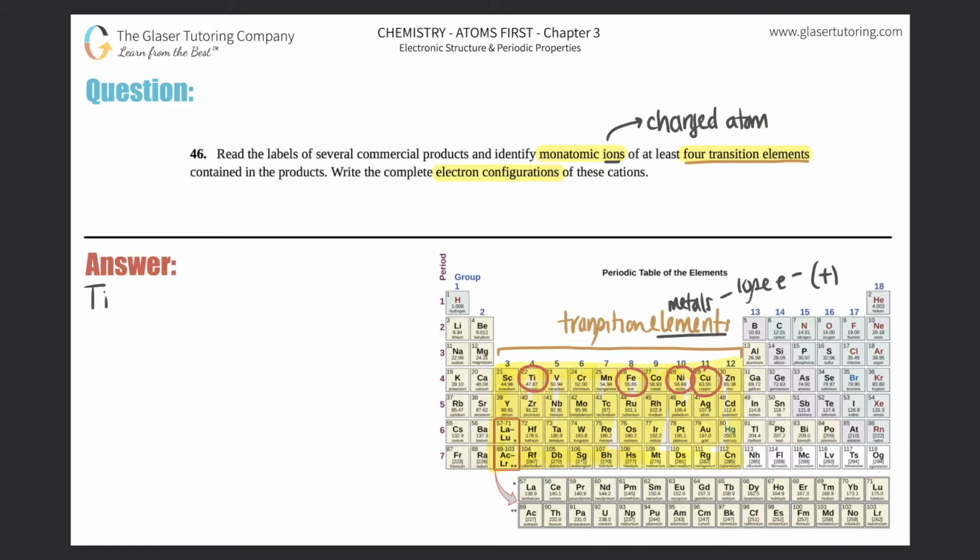And that's why they call them cations. Cations always lose electrons. So majority of the time, metals will be your cations. There will be exceptions, especially in organic chemistry. But for right now, cations lose electrons. Generally speaking, metals are the cations. So I'm just going to say that Ti was a +4.